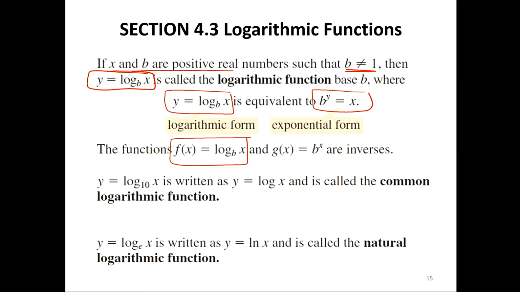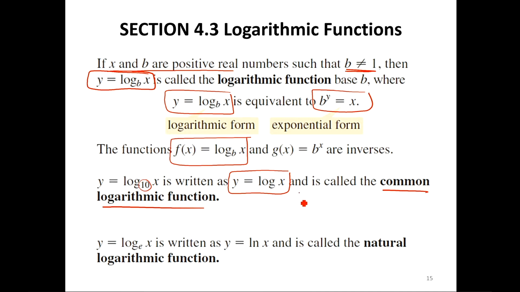Okay? Now, we have two special logarithms. The first one is the common logarithm function. If we have base 10, we can write log without a base. So any logarithm without a base is a common logarithm directly.